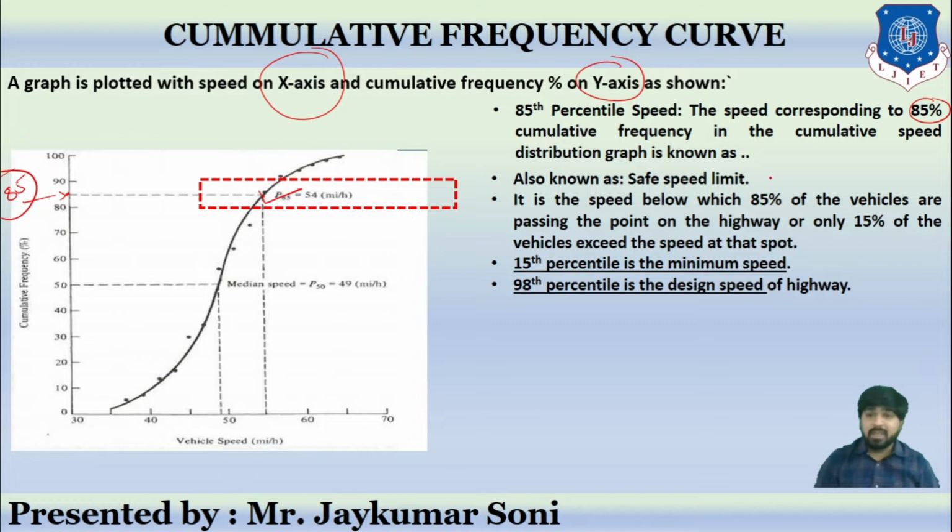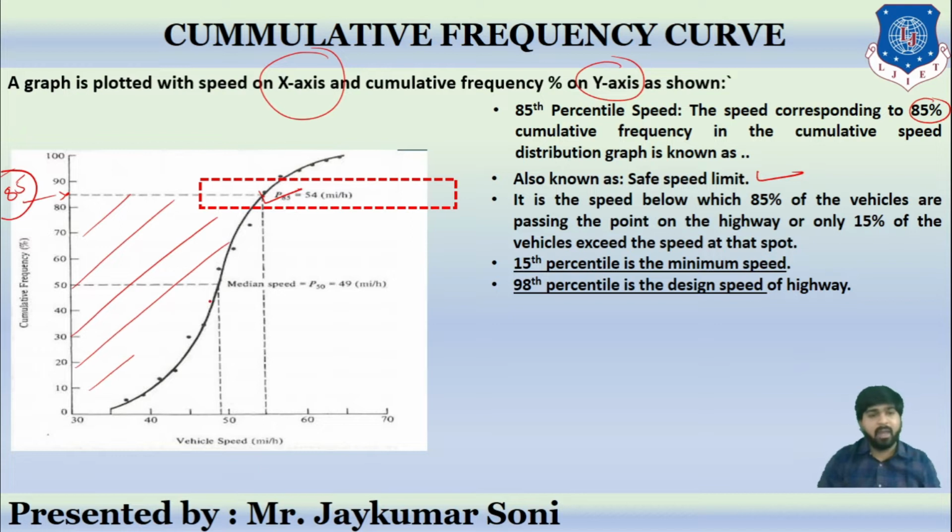This is also called the safe speed limit. So if anyone asks you which is the safe speed limit, the safe speed limit is the 85th percentile speed. Now what is the indication of this speed?